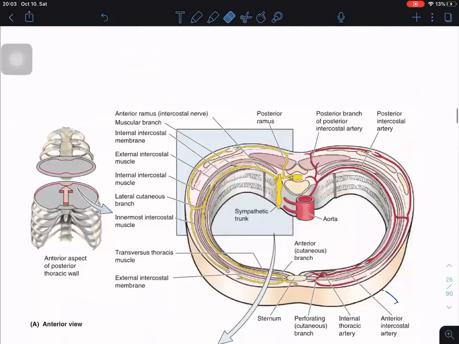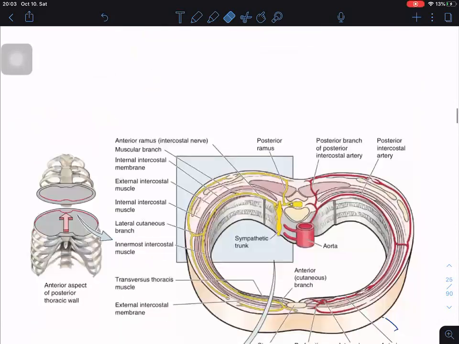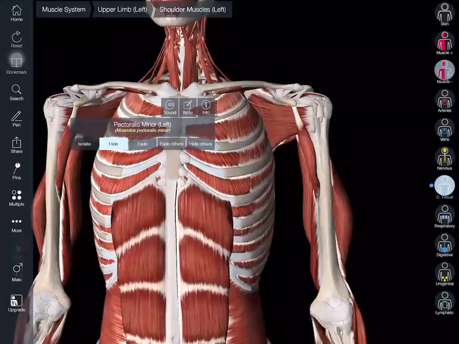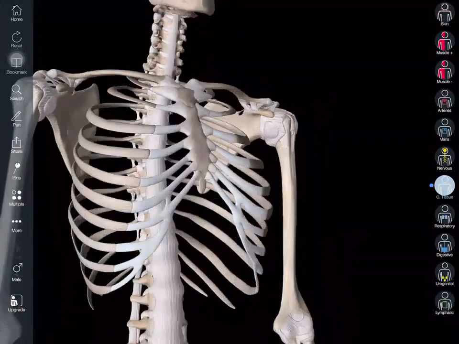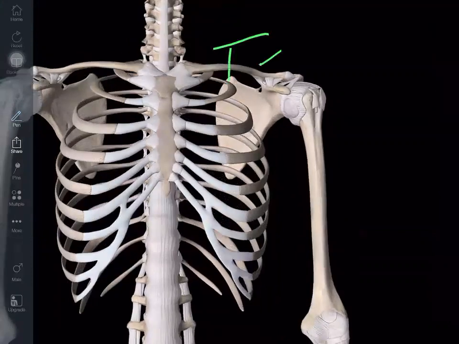Since we've got 12 ribs, we have 12 pairs of nerves to supply the thoracic wall. So basically you have the nerves from T1 down to T12.